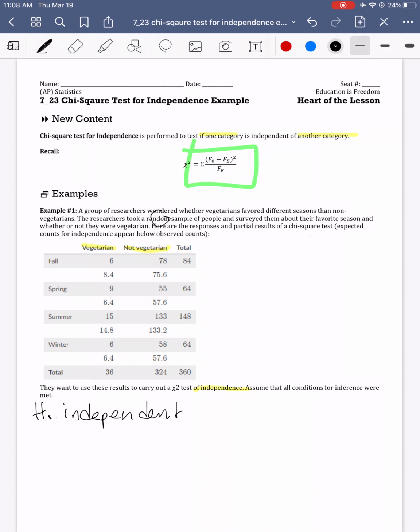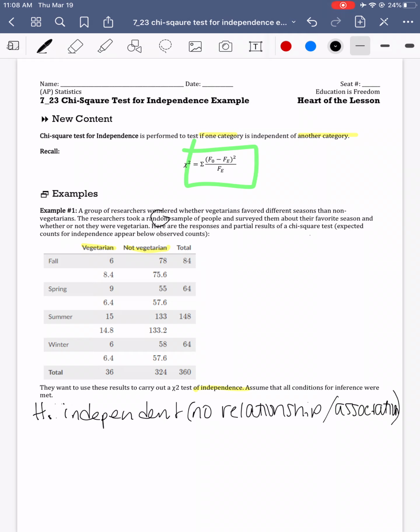If things are independent from each other, we know from the definition of independence in probability that the probability of one event occurring doesn't affect the probability of the other occurring. So really here we're saying that there's no relationship going on between them, or really no association.